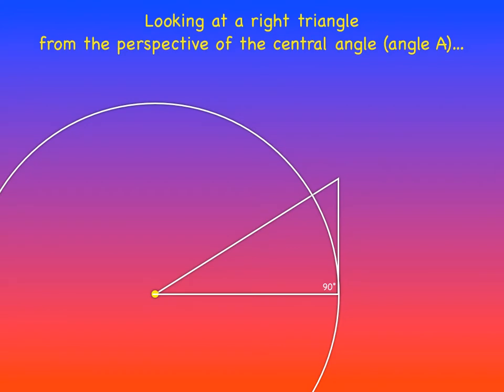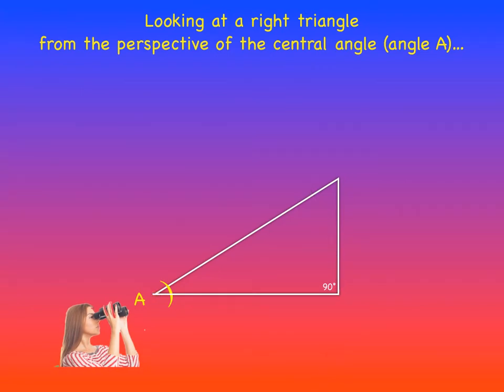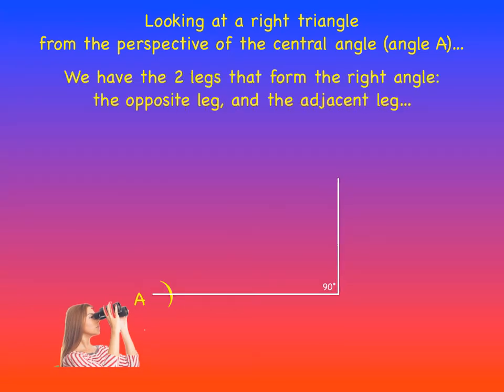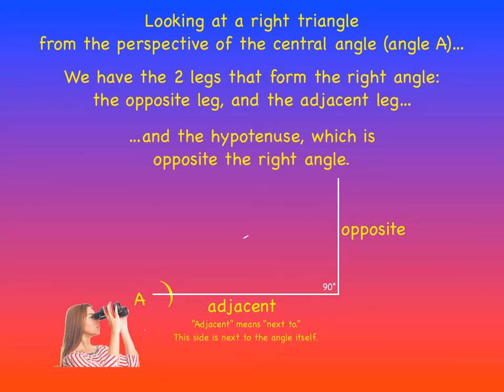Looking at a right triangle from the perspective of the central angle, angle A, we have the two legs that form the right angle. There's the opposite leg and the adjacent leg. And then, of course, you've got the hypotenuse, which is opposite the right angle.